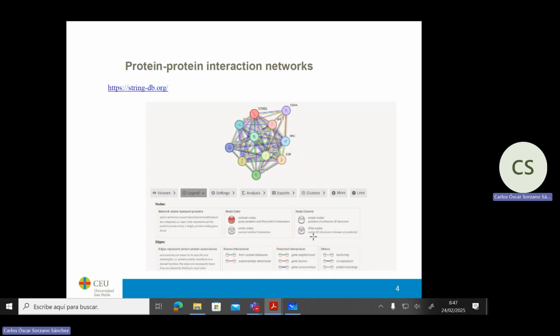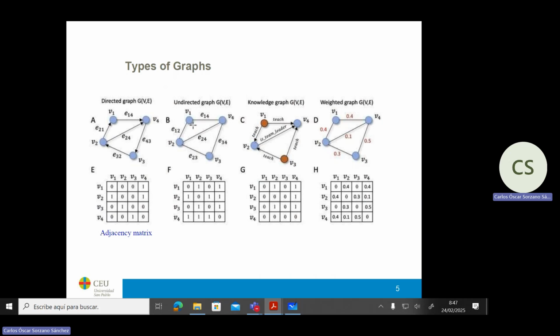And here you have a database where you can download or explore relationships at the level of protein-protein interactions. It would be useful that you enter into these links and explore them a bit. They are very interesting. And all these representations are based on graphs.